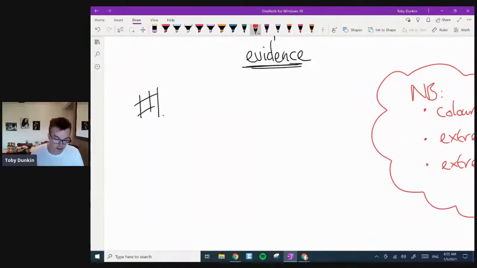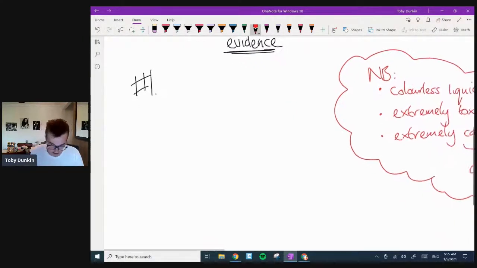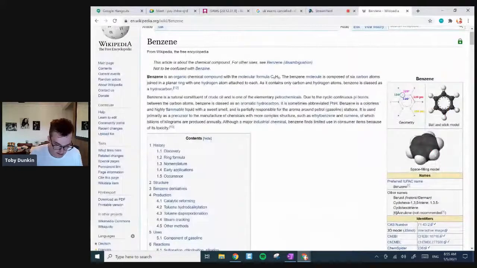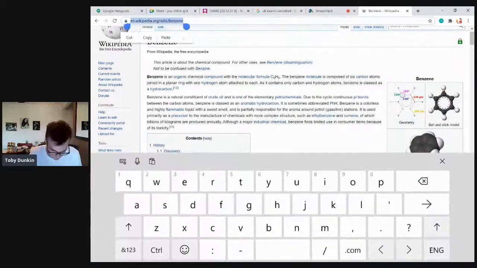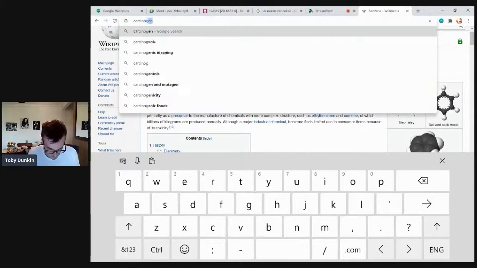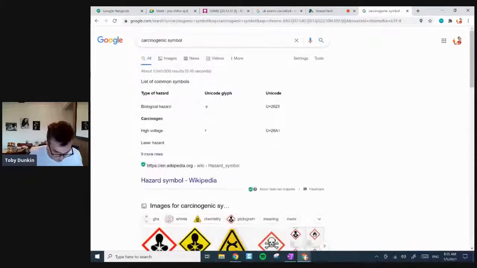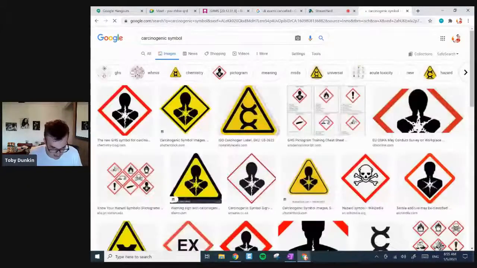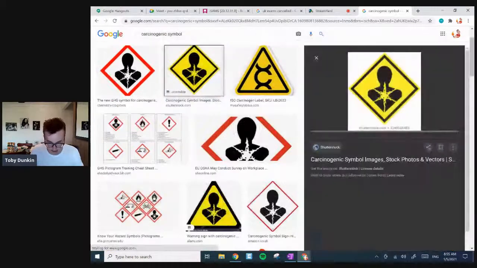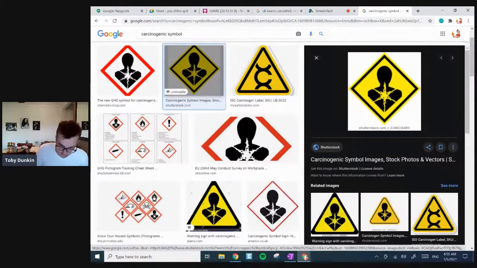I'm tempted to show you the symbol for carcinogenic. You probably know it. Let's just quickly do carcinogenic symbol. Just wanted to show you this. It is kind of important. They've used it in an exam. There you go. Yeah, the carcinogenic symbol is this one. It's rather odd, to be fair.